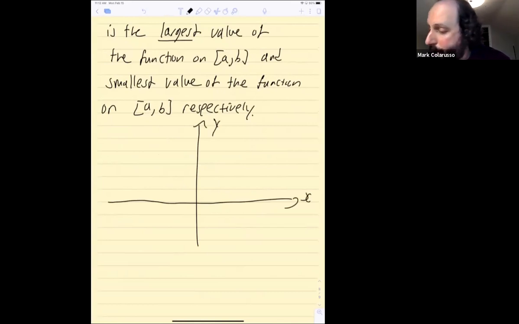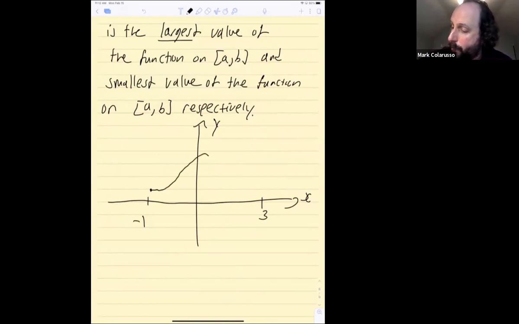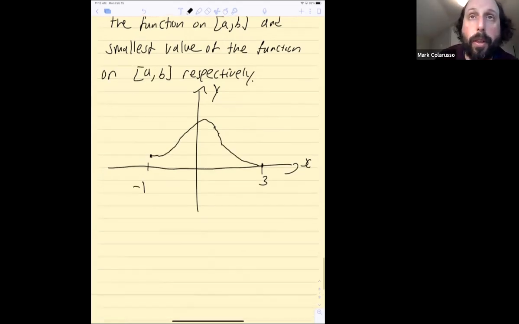Okay, so let me draw a picture. I don't need to make it this large, but we can do something like this. Say you're looking at a function from like 1 to 3. It might start out somewhere around here, goes up to a relative maximum, and comes back down to 0, to the point 3, 0.